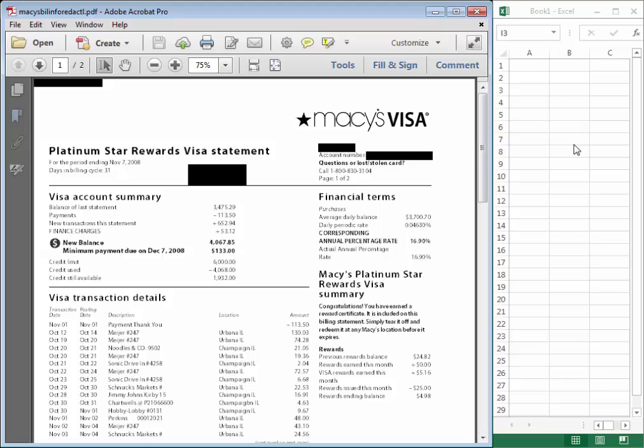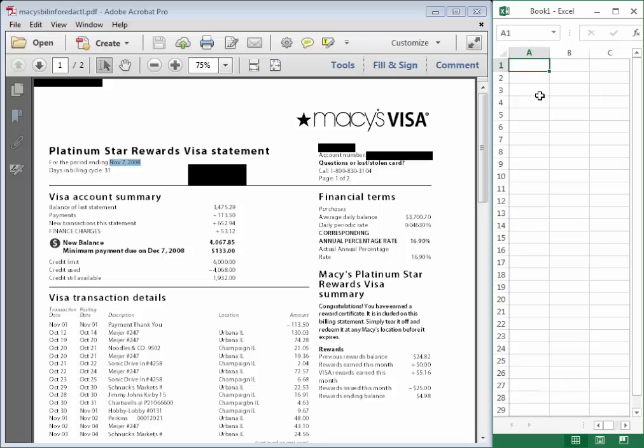So we know that the average daily balance is the balance each day of the cycle. So in order to compute that, I've got to know what the balance is every day. It says there are 31 days in the billing cycle, and that the billing cycle ends November 7th, 2008.